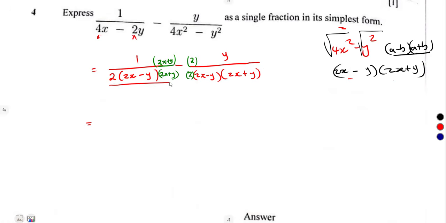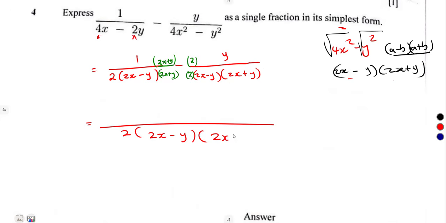All right. So that's 2 over what? 2 over 2. So this is what you're going to have. As we can see, the denominators are the same for the first fraction and for the second one. So we can simply combine this under that denominator, 2x minus y into what? Into 2x plus y. The common denominator as it is. So you combine the numerators from the first fraction, what we have 1 into what? 2x plus y.